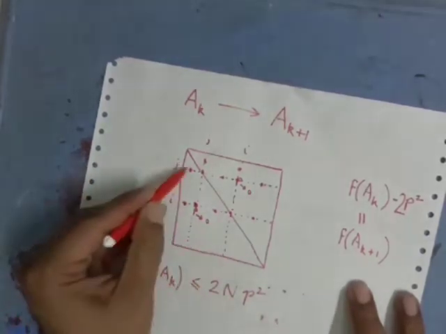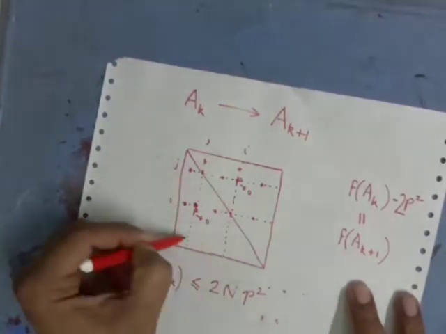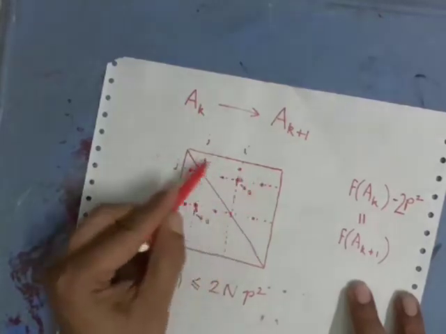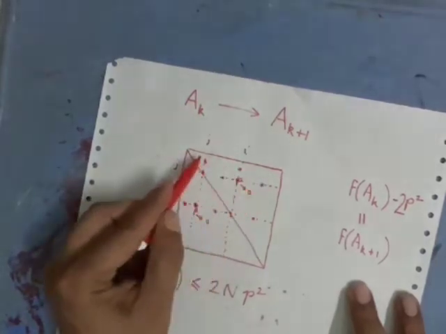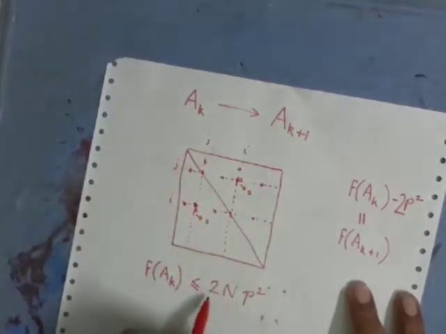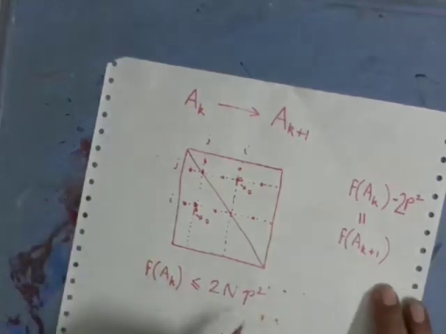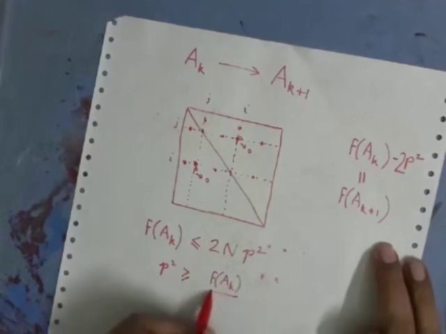Remember, N is the total number of off-diagonal entries on this half, which is also equal to the total number of off-diagonal entries on that half. So twice N is the total number of off-diagonal entries. So you see, p squared must be greater than or equal to f of A k by 2N.